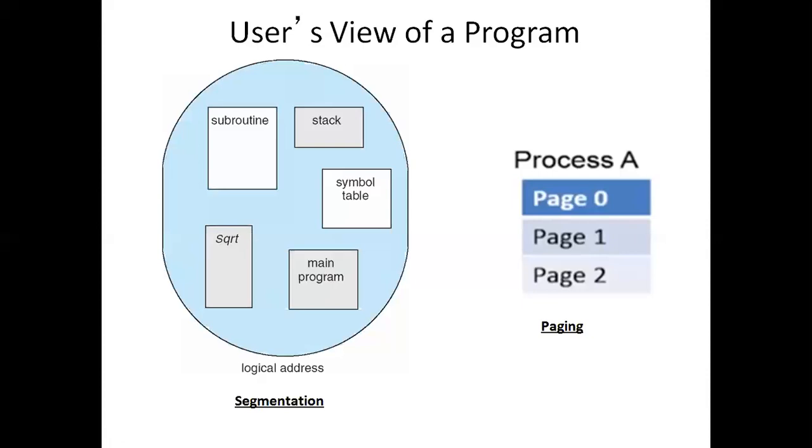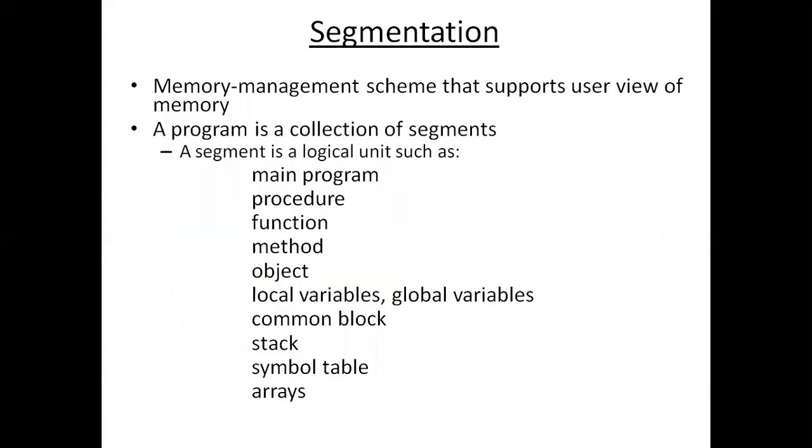So that is when we consider segmentation. We say the program is a collection of segments. A segment could be the main program, a procedure, function, methods, objects, variables, the common or shared block, stack, symbol table, and arrays. So there could be various units within one program.